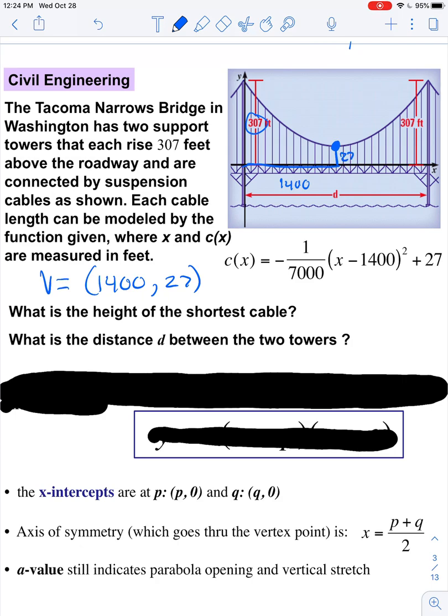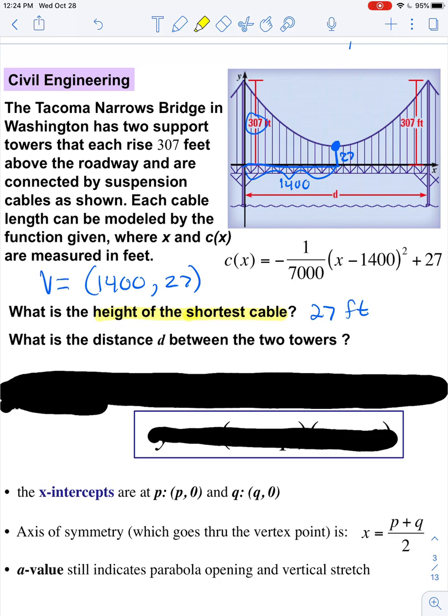Whenever you have word problems, they're going to be asking you about the things that we know how to find. So when it talks about the height of the shortest cable, that has to be part of something we know how to find, like the vertex. Since 1400 was the location of how far out it was, then 27 feet is the height of that shortest cable because it's really just the Y value at that spot.